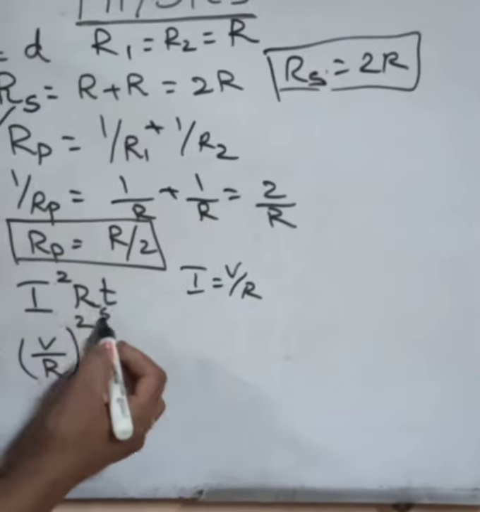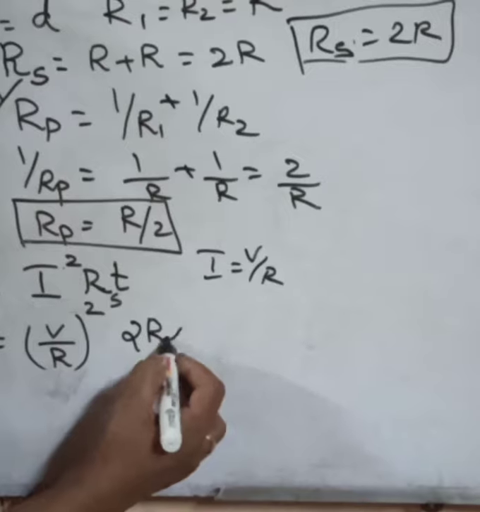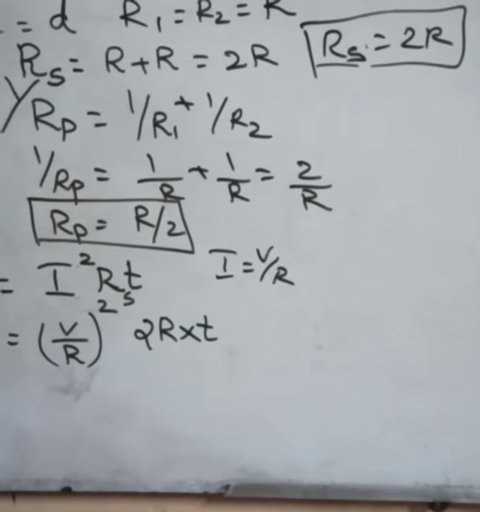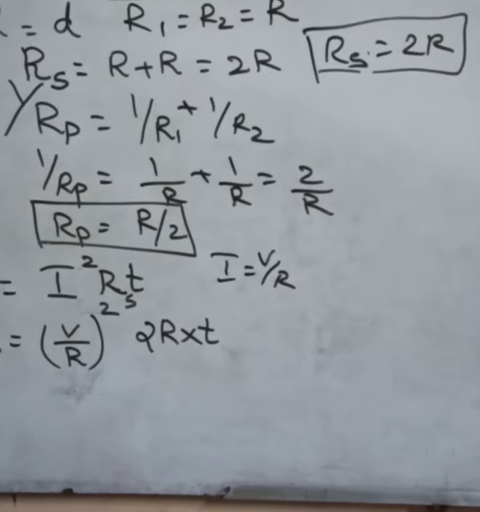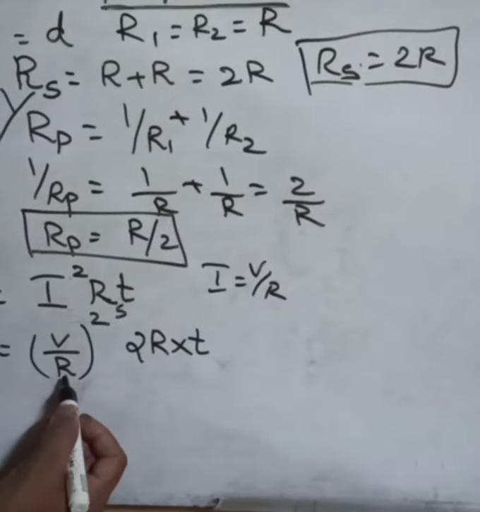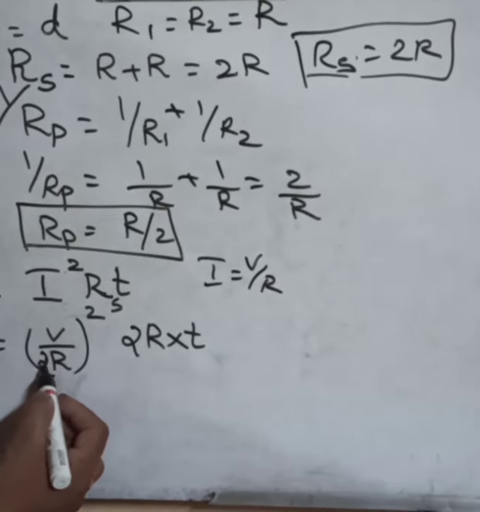Here RS means resistance in series. It is equal to 2R into T. V by R the whole square. Here this resistance also is in series, RS, so here you have to write 2R.